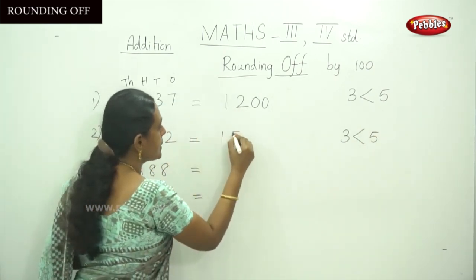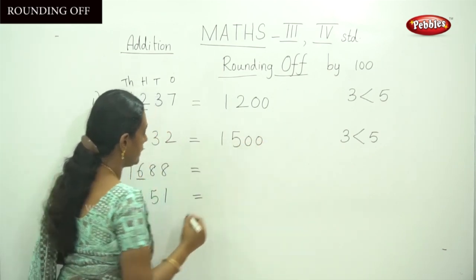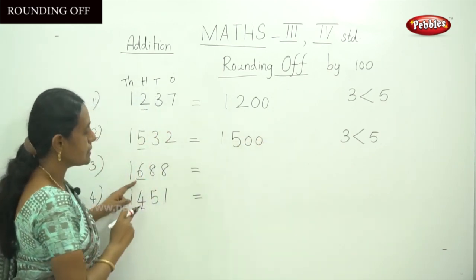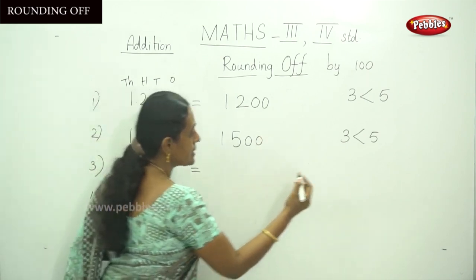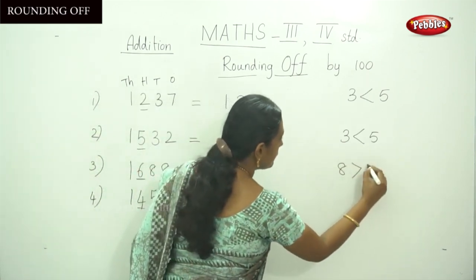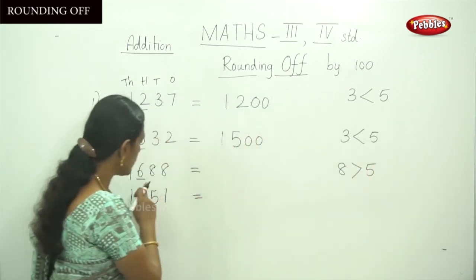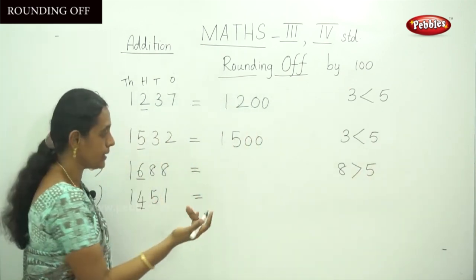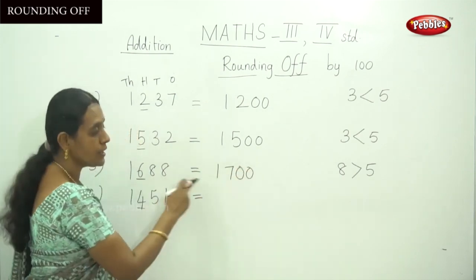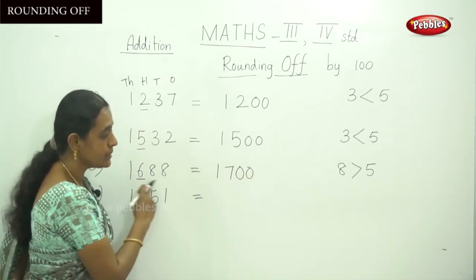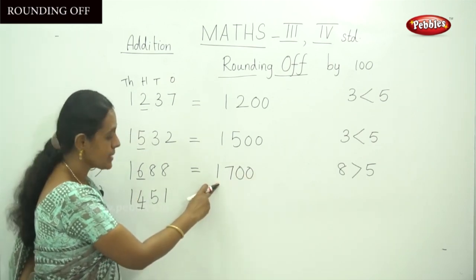So that is 1500. And here that is a 6, and observe the next digit, 8 is greater than 5. So write down the next 100, that is 1700. Rounding off the number 1688, the answer will be 1700.